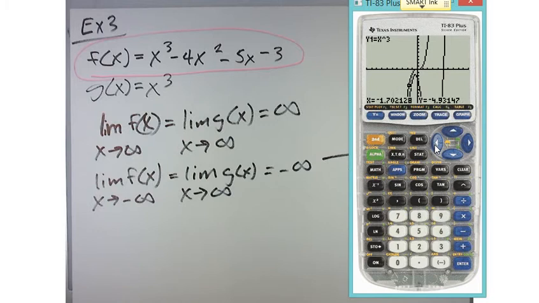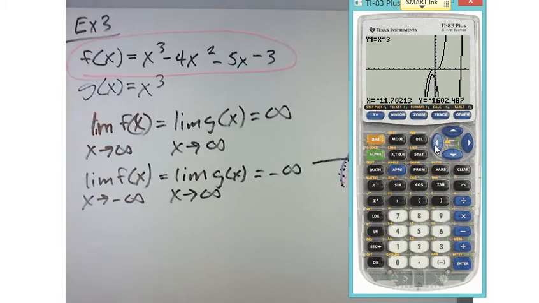Now what that means is if I pick either one of these equations and I move my cursor towards negative infinity in the x direction, what does my y value approach? Negative infinity. If I kept doing this, that y value just keeps getting more and more negative. Now if I go the other direction and I approach positive infinity in the x direction, what you'll see is that my y value starts to get bigger.